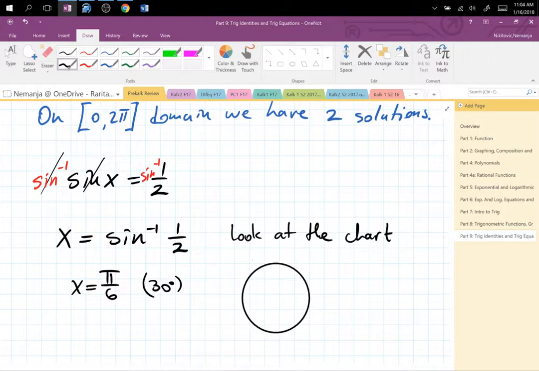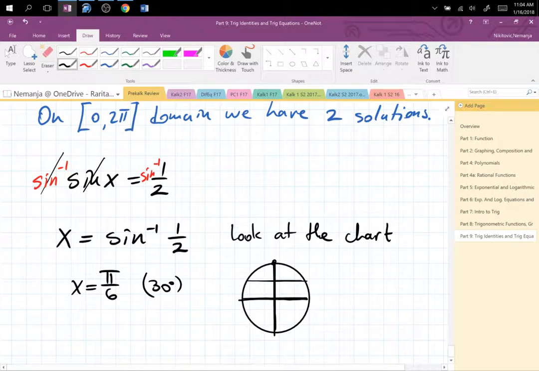If you look at the unit circle, this point here is 0, 1, and this point here is 1/2, so this is where pi over 6 is.